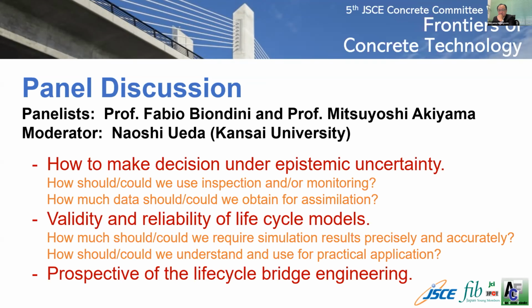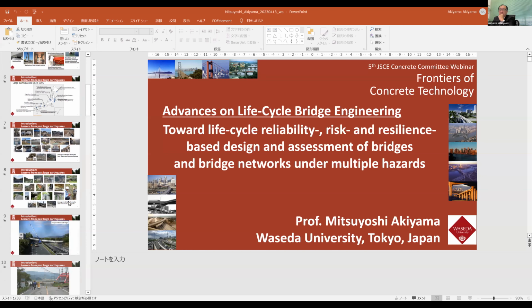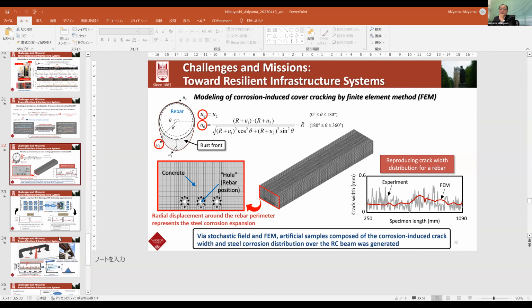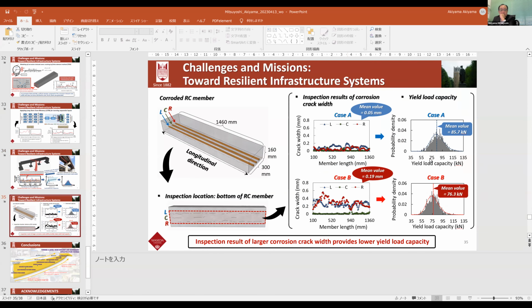So I presented the probabilistic density function associated with flexural capacity of aging concrete girders based on observational corrosion crack width. So in that case study, observational information could contribute to reducing uncertainty. But as shown in this probabilistic density function of flexural capacity, we can see very large variability, right?